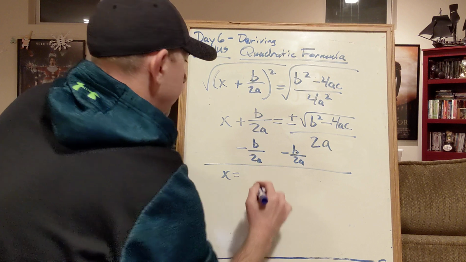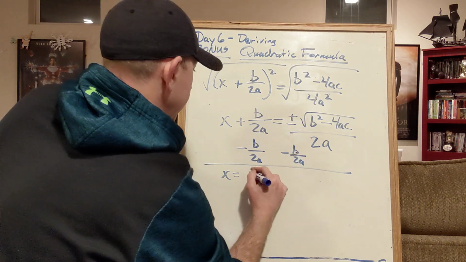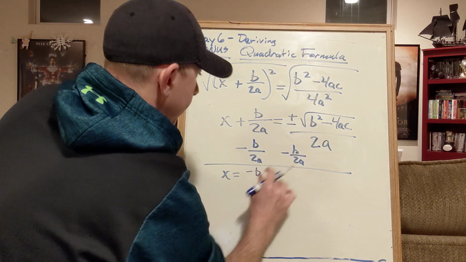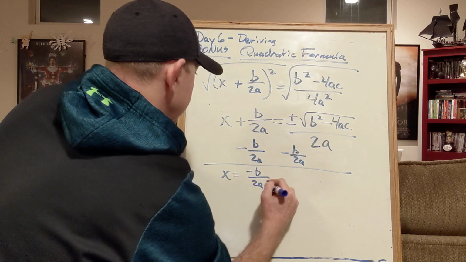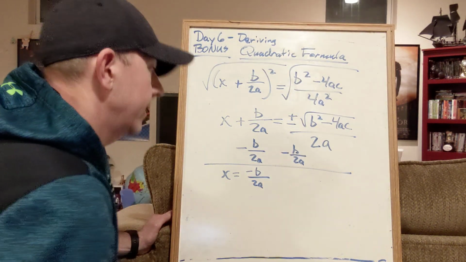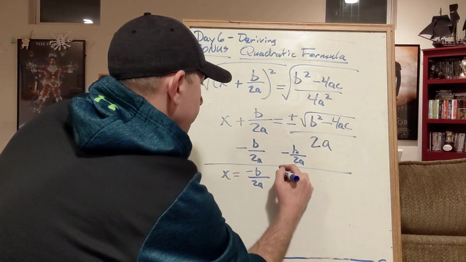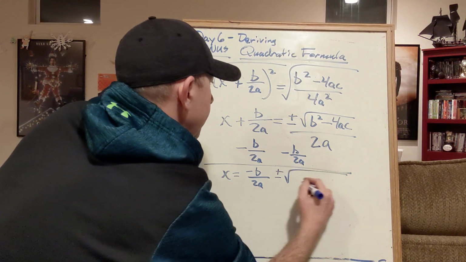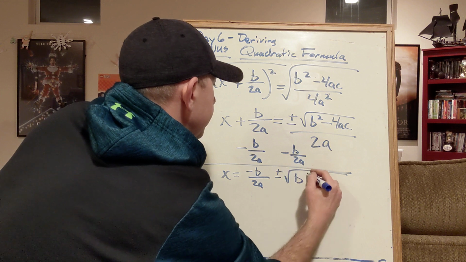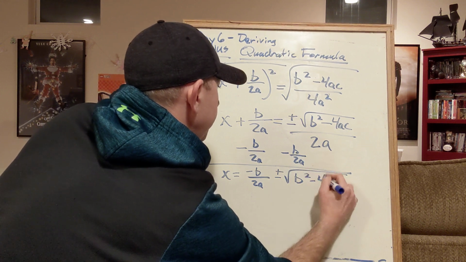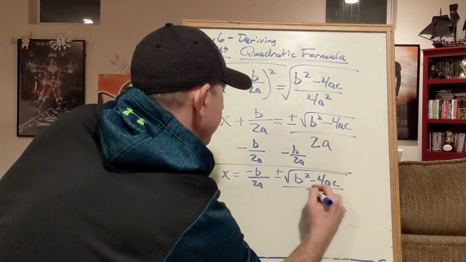And so here, I'm going to write this kind of twice. So this one, the opposite of b, or negative b over 2a. Some people say opposite of b. Technically, it's negative b over 2a, so we have that mathematically correct. Plus or minus the square root of b squared minus 4ac, that is also over 2a.